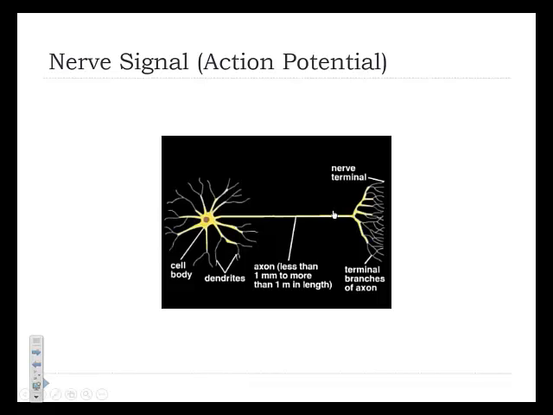So what happens at the end of the nerve terminus? There's another set of channels that are involved, but they're not triggered by changes in the voltage. It's the synapse, that small space between the terminus, or the ends of the axon, and the body of the next neuron.